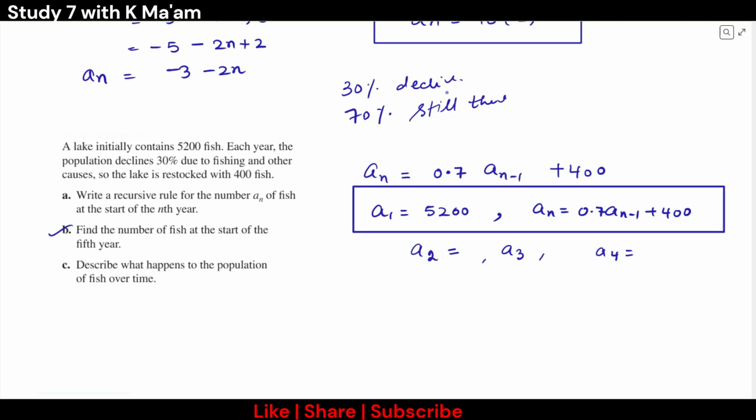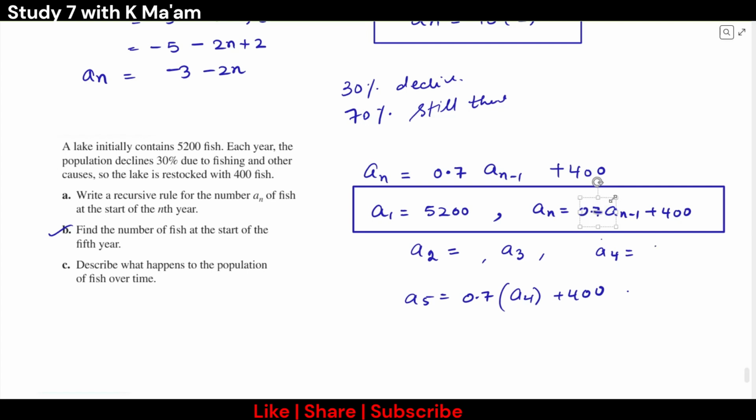Once you calculate A4, substitute here. n is 5 now. A5 is equal to 0.7 times this A4 plus 400. This is the homework for you. You have to calculate yourself. Substitute the values here and calculate.